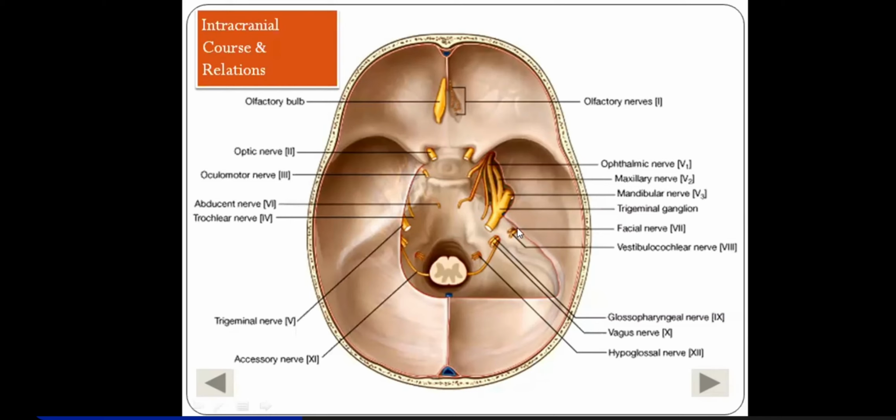So this is an internal auditory meatus. And through this opening, three nerves will enter inside: the facial nerve, nervus intermedius, and vestibulocochlear nerve. The three cranial nerves will enter into the internal acoustic meatus. So that means they have a very short intracranial course, right?